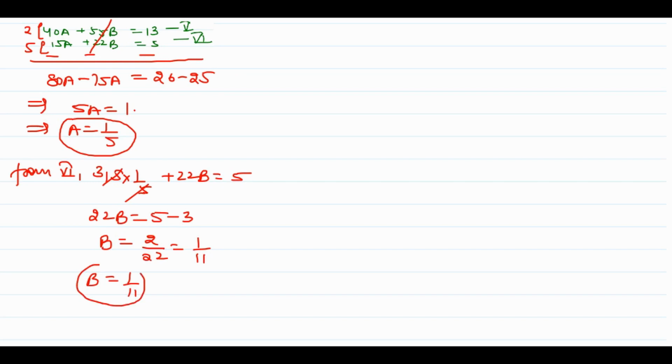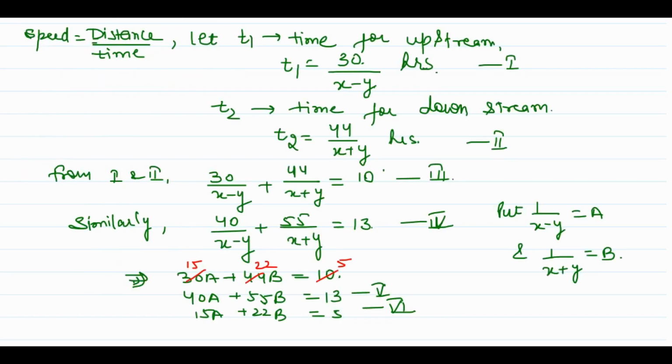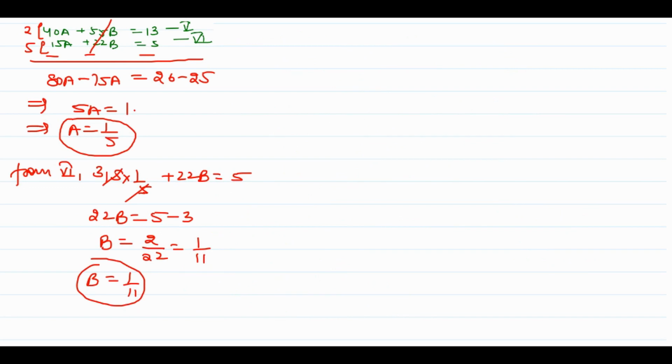Now going back to the assumption we took, we started with 1 upon x minus y as A and 1 upon x plus y as B. So 1 upon x minus y equal to A, so 1 by 5, further implying x minus y equal to 5.